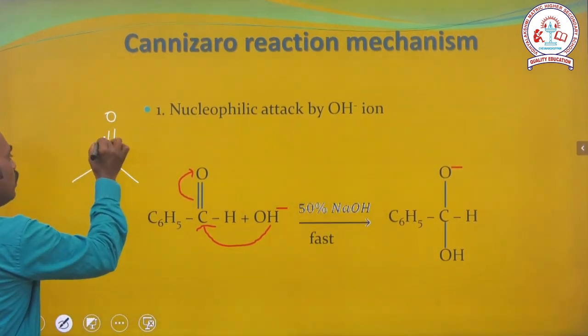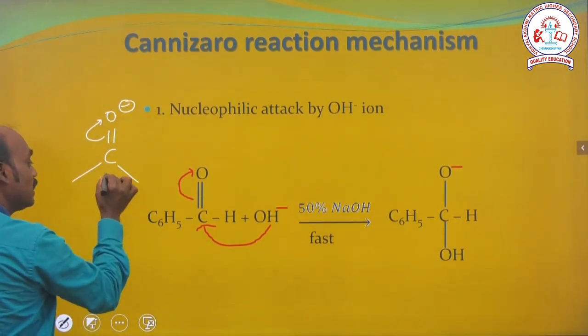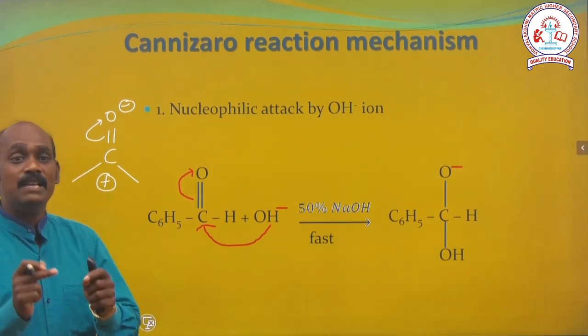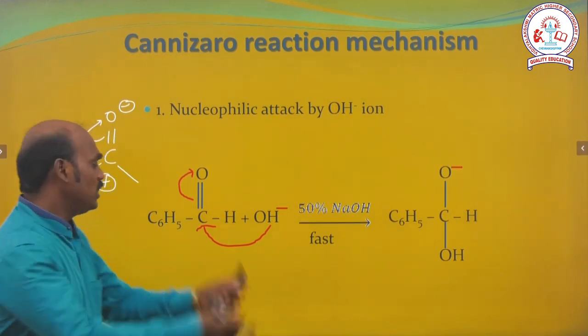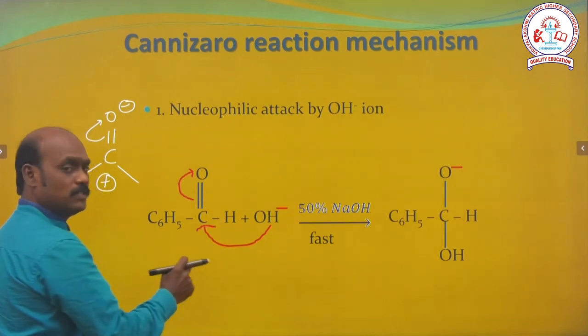It attracts the bonded electrons towards itself. So oxygen becomes O minus and carbon becomes C plus, which means an electron deficient carbon is produced. That electron deficient carbon is attacked by the OH minus ion.